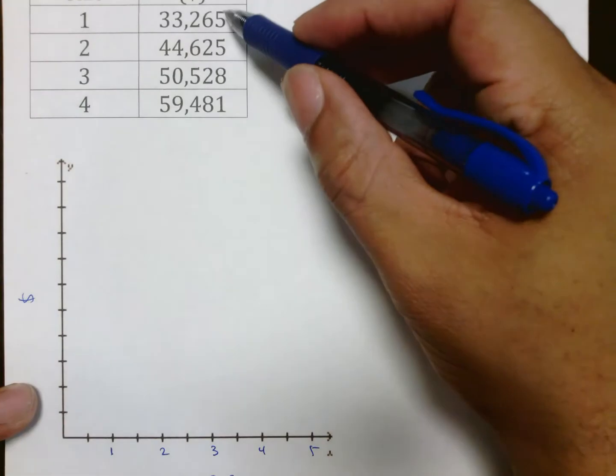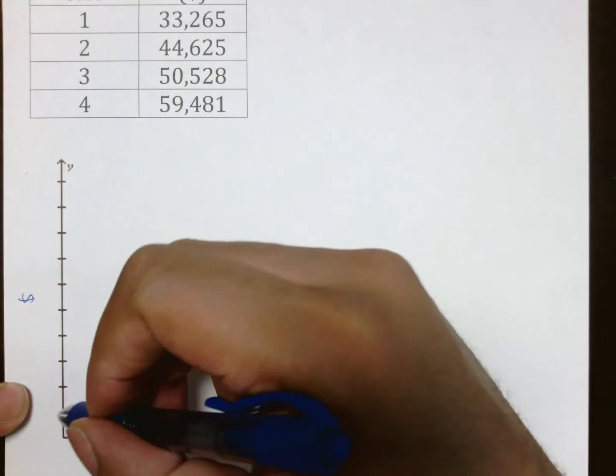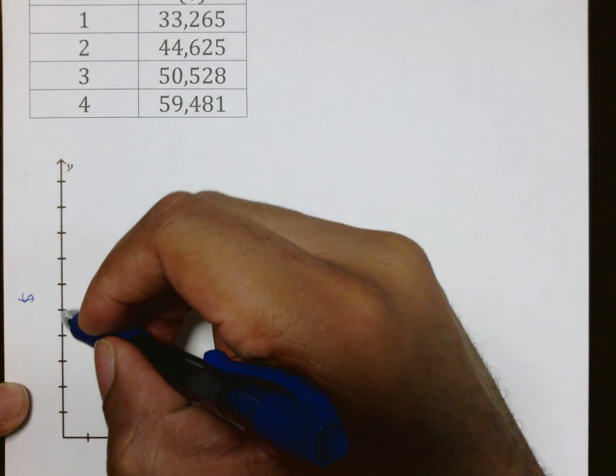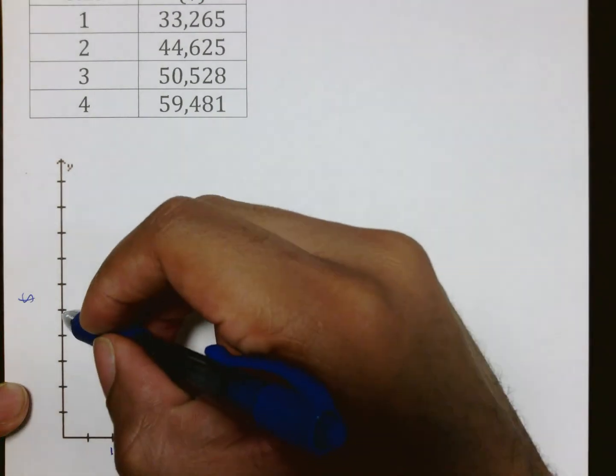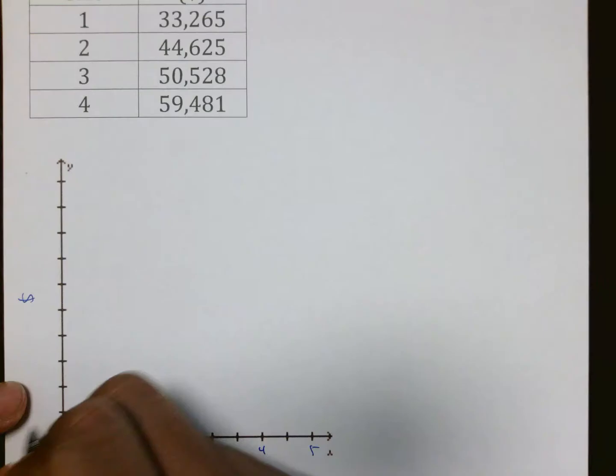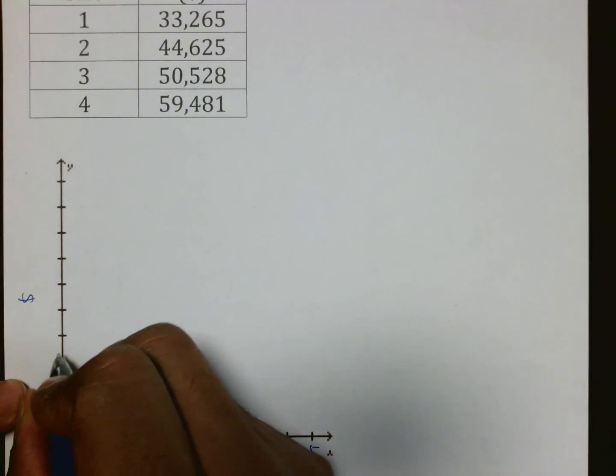And then income goes up to 60,000. So 1, 2, 3. So we do 20, 40, 60. Actually, we need 60,000. 30,000 here, 60,000 there. So 30. I think that's 6 apiece. 6, 12, 18, 24. Yeah.